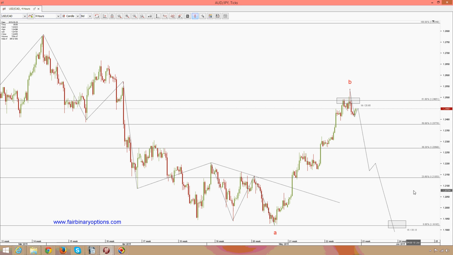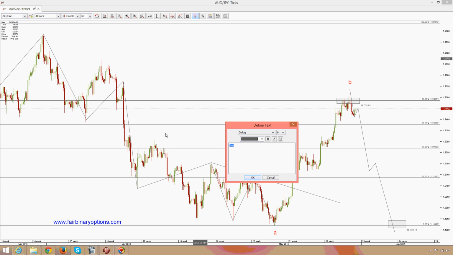Why B failure? Because of the inability, so far at least, of price to retrace more than 80% in this pattern. So let's write here what's the plan for US dollar and Canadian dollar.